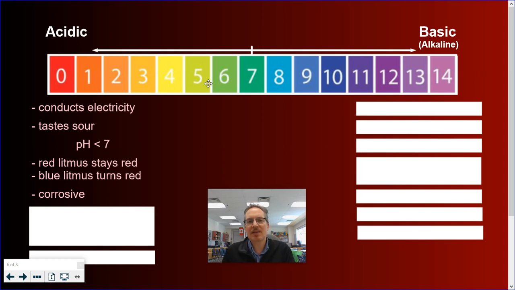These are also corrosive because they can corrode statues or wreck plants and cause havoc on farmers' fields. So it's very important that we understand anything below 7 is acidic.